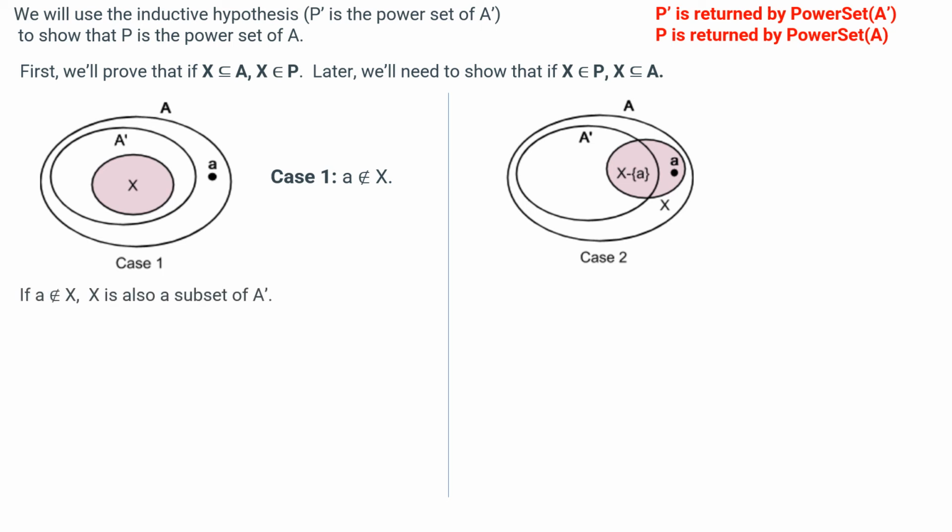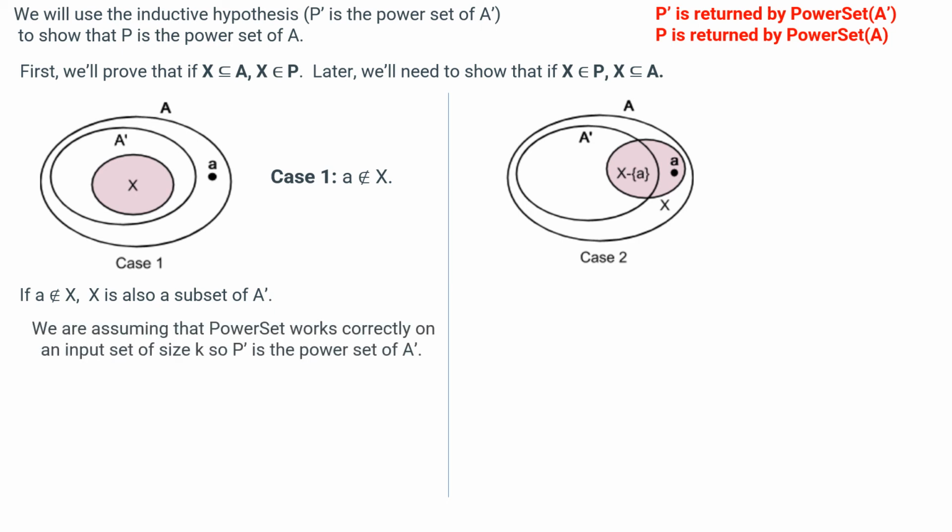If A is not in X, then X is totally enclosed within A prime, right? There's no part of X that's outside of A prime. So X is a subset of A prime. And remember, we're assuming that this algorithm works for a set of size k, and A prime is size k, and so we're going to assume that this algorithm gives us truly the power set of A prime.